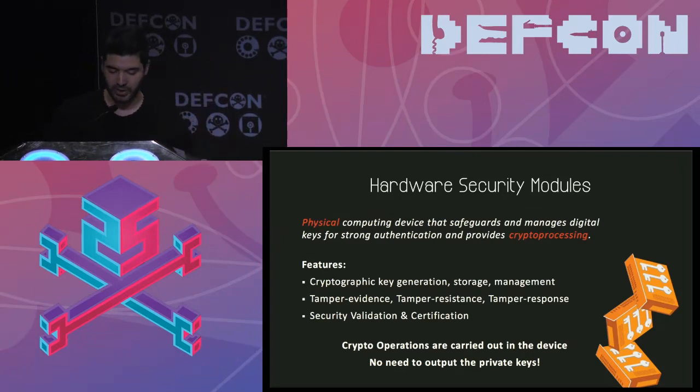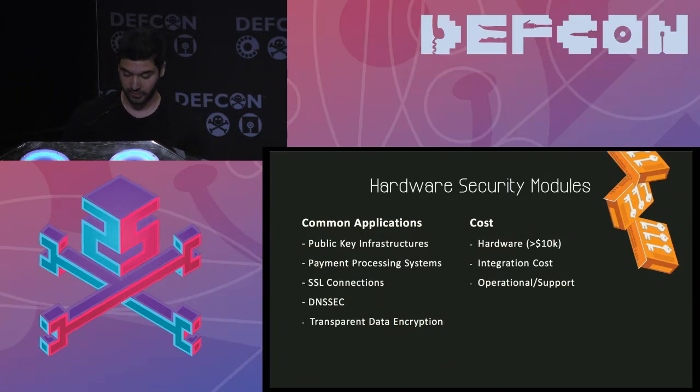The bottom line for HSMs is that all the operations are carried out on the device, so the secret keys and all the secrets stored inside never have to leave the device. And for this reason, because they provide very high security, they're used in lots of applications where high assurance is needed, like public key infrastructures, SSL connection accelerators, and payment systems.